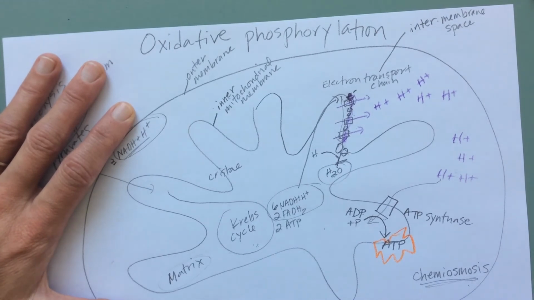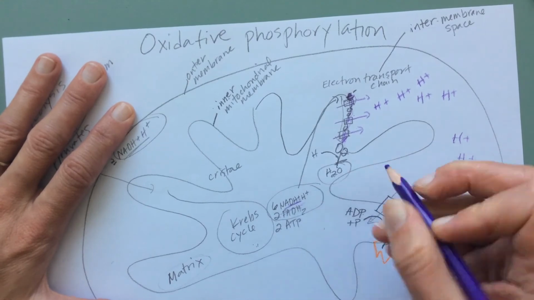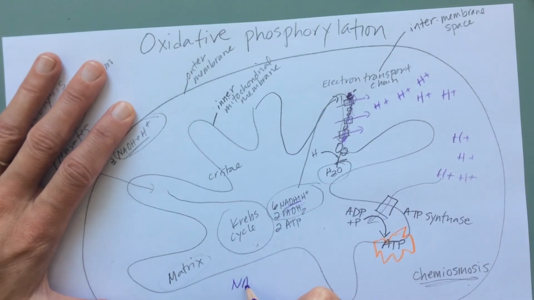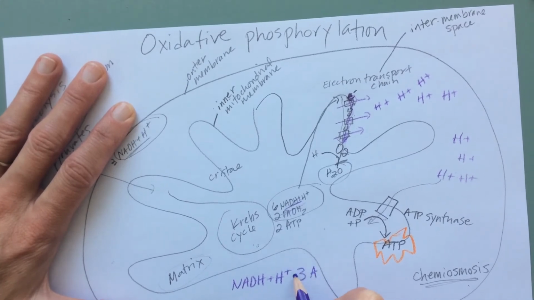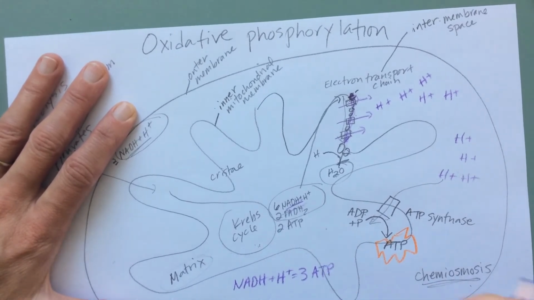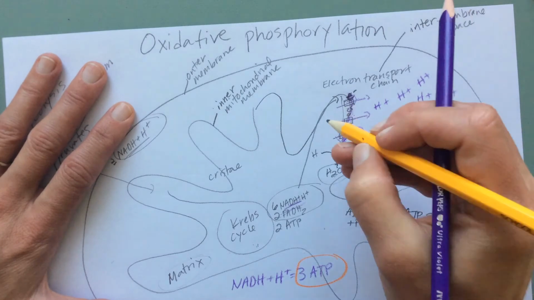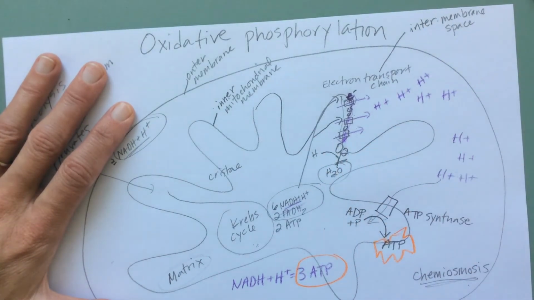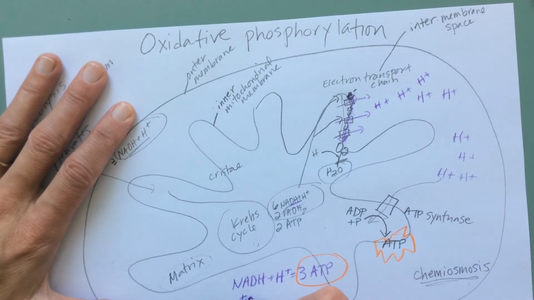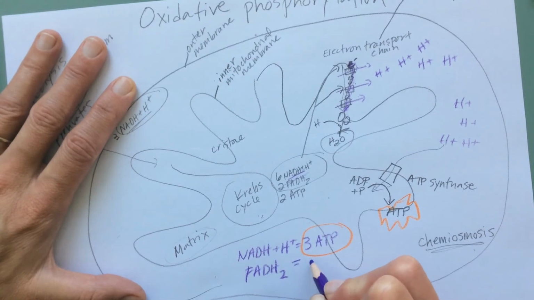In fact, for every NADH plus H plus, you get 3 ATPs. And the FADH2 is interesting because actually the FADH2 doesn't get passed to the top of the chain. It actually comes partway down. So for every FADH2, you end up getting 2 ATPs.